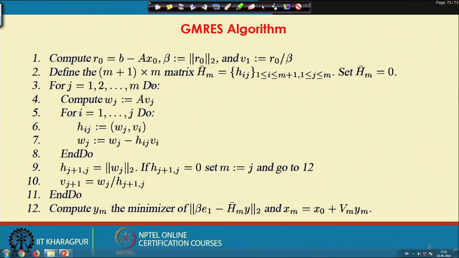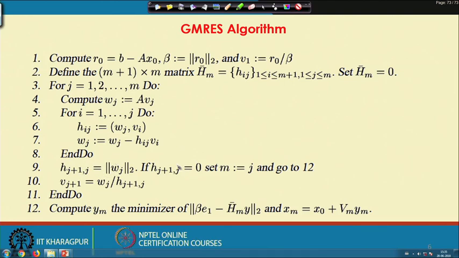But as you want an orthogonal basis vector, you take the new basis, consider the old basis V 1, take their dot product, and subtract the dot product multiplied with the old basis from the new basis.